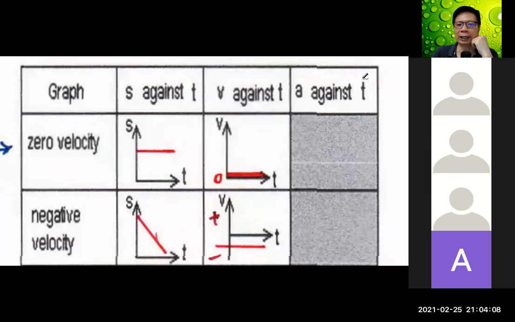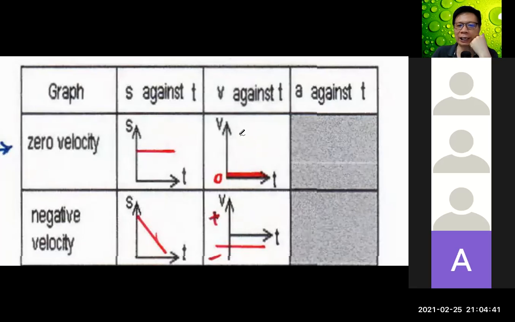Acceleration against time. Now, when we hear zero velocity, it means stopped moving, at rest. On the displacement-time graph, it's a horizontal line. Horizontal means not moving, because the displacement is fixed here, so at rest. So zero velocity is a horizontal line.